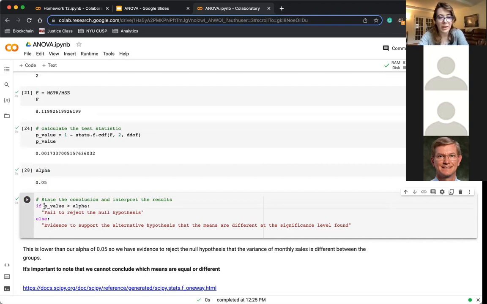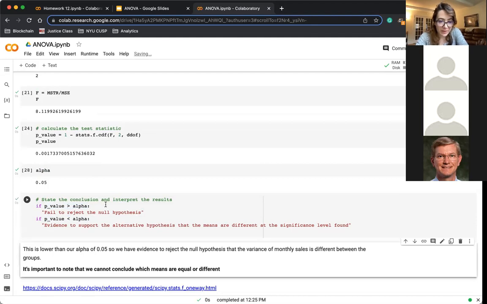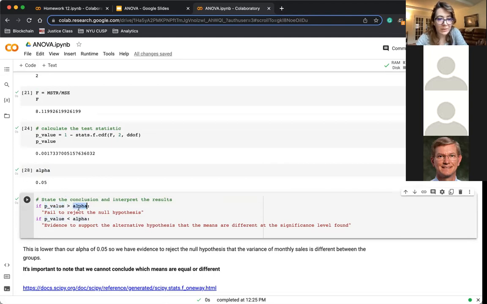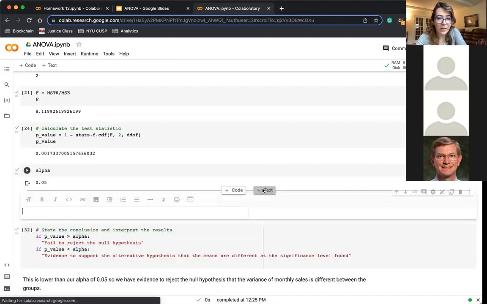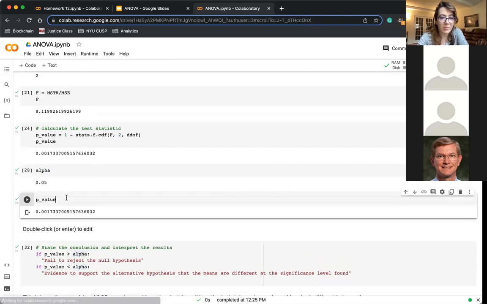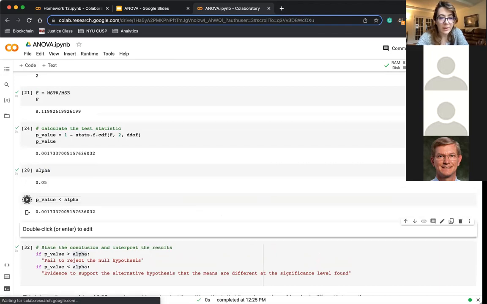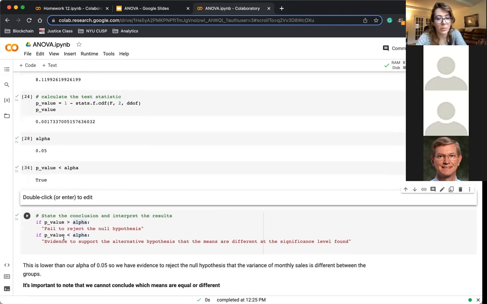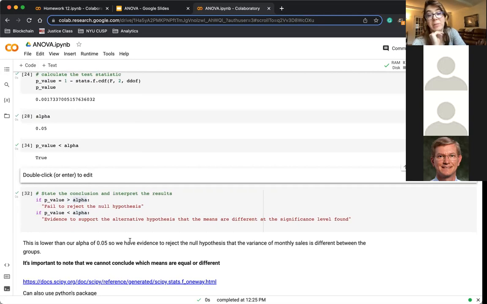Because pretty much we just want to compare this here. Let me just make it so this works. So if this is less than, we would expect to see that. I'm not too sure why this isn't working for me right now, but it's really not too important, because we're just trying to compare the differences here. So you can intuitively just say if that is lower than alpha. I was just trying to use Python to show that. So where this would fall in that second one, where we would have evidence to reject the null hypothesis.